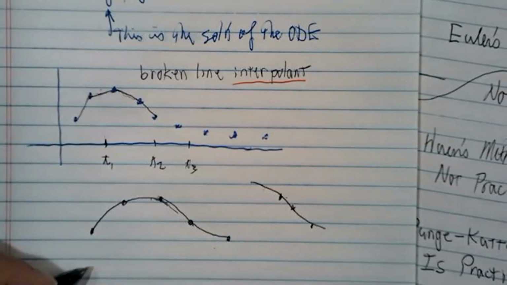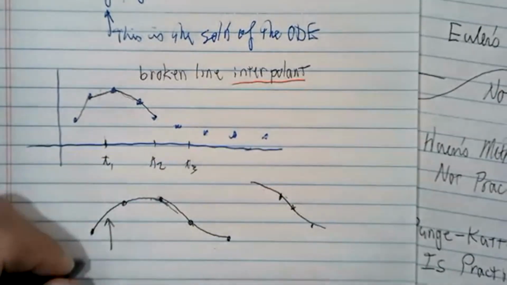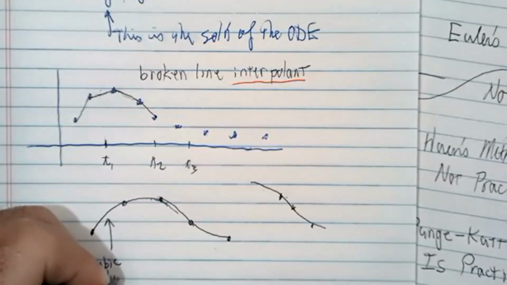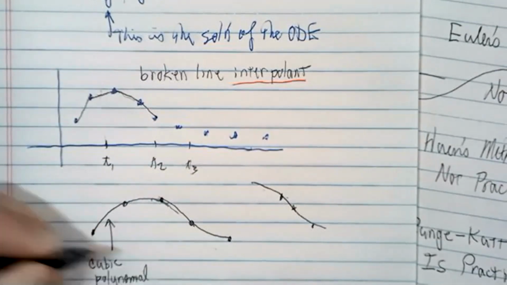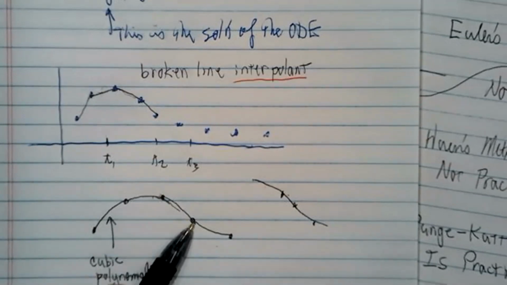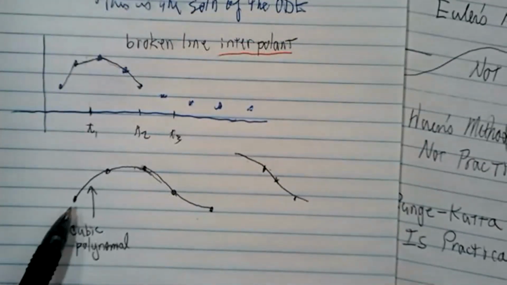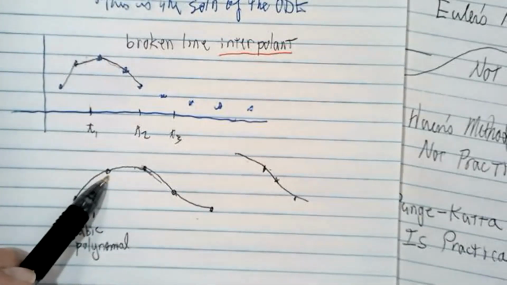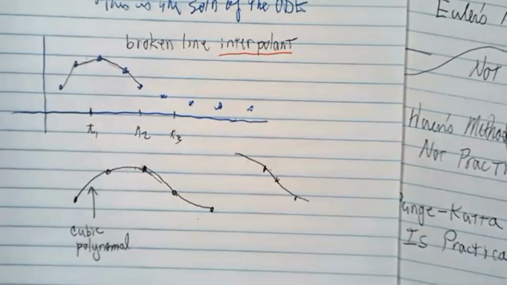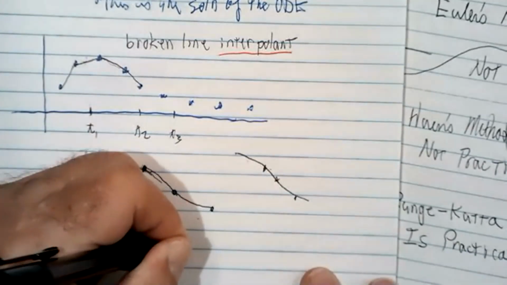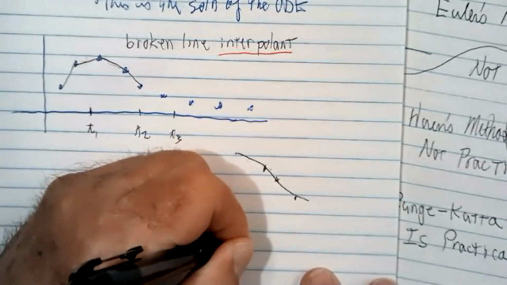The way you do that is you build a cubic polynomial that fits here. You have another cubic polynomial that fits here, another cubic polynomial that fits here, and then you connect them all together. Not merely do you make their y coordinates equal, you make their first and second derivatives equal. If you do that, you get what's known as a cubic spline function.